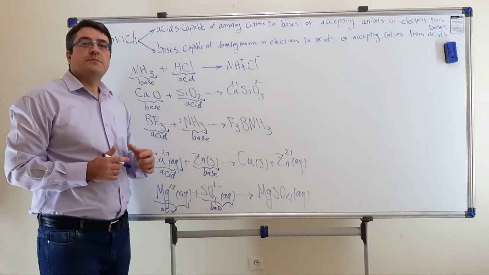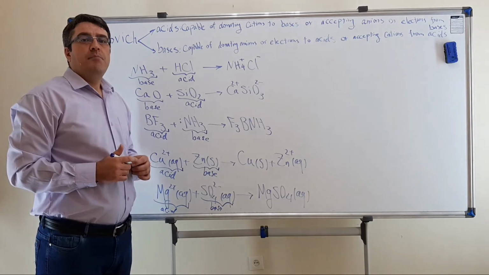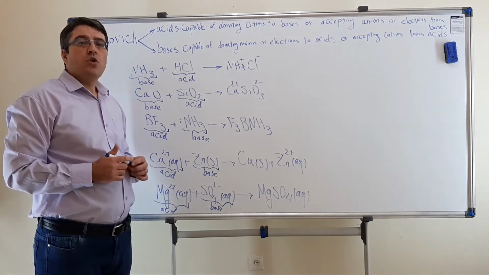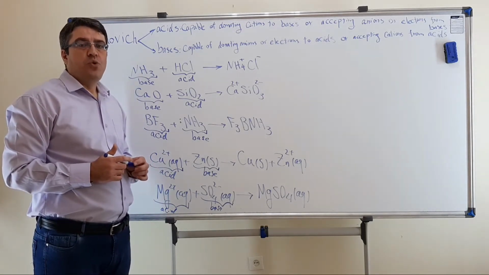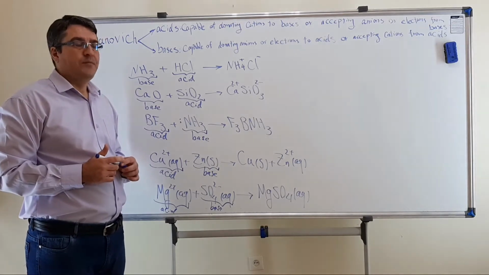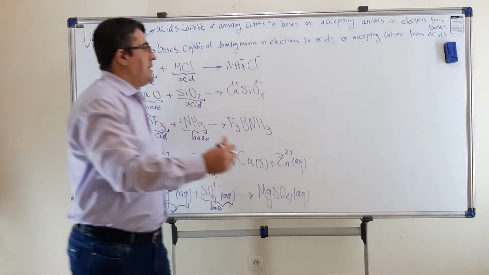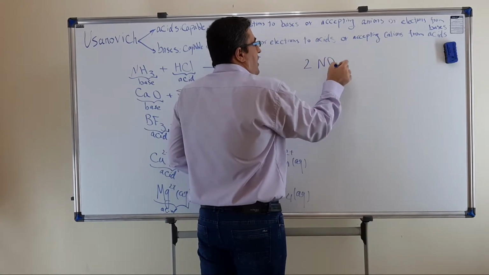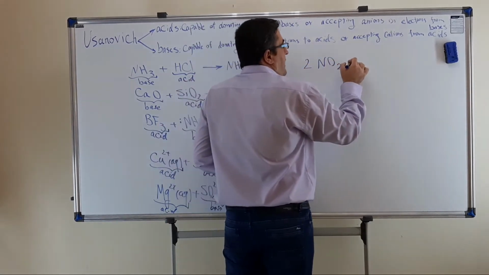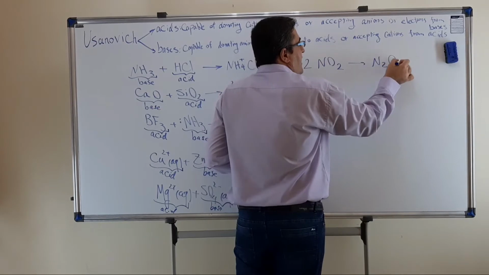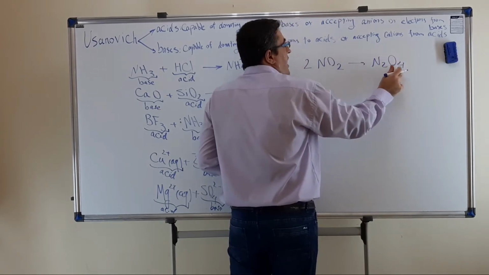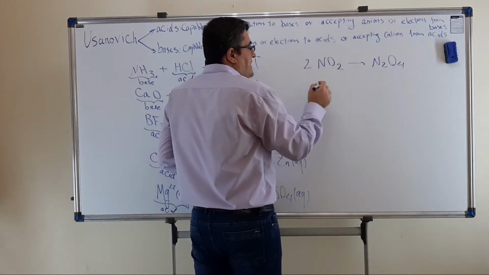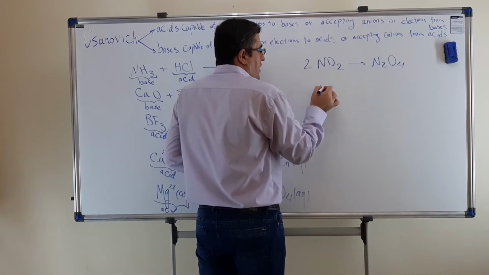While Usanovich acid-base theory includes many reactions, there are also reactions which don't fit into this theory. For example, let's consider dimerization of nitrogen dioxide, which is dinitrogen tetroxide. Lewis structures are as follows.